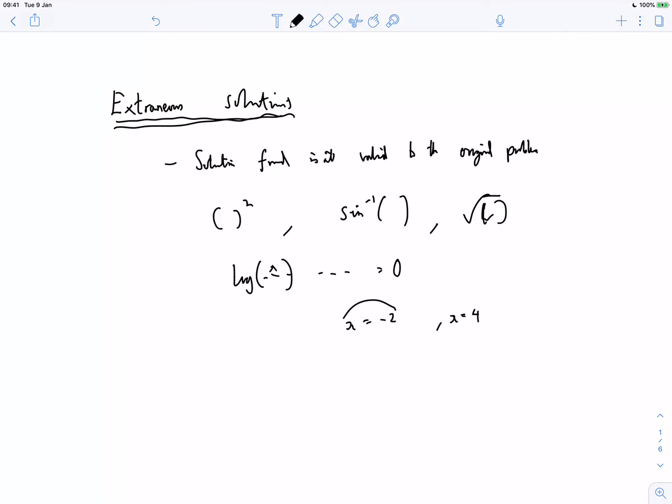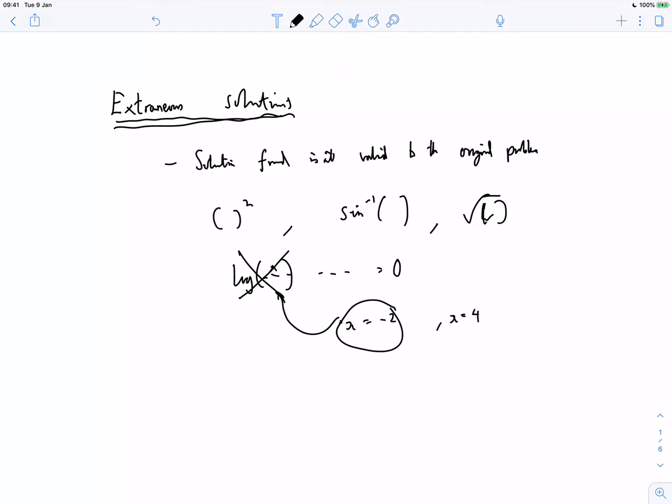Well, if I substitute minus 2 into a logarithm, then you won't get a real answer. You can't take the log of a negative number and expect to get a real output. You need the complex logarithm function for that. So if you're looking for a real valued function and you substitute a negative number into the logarithm function, then it's just not going to work.